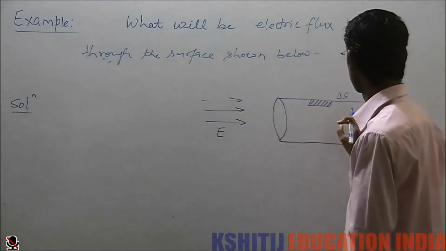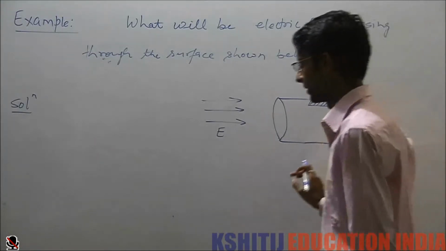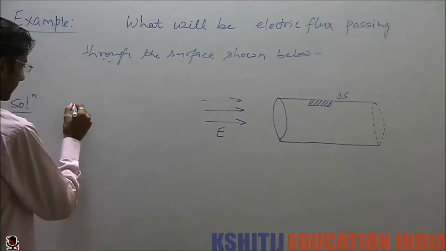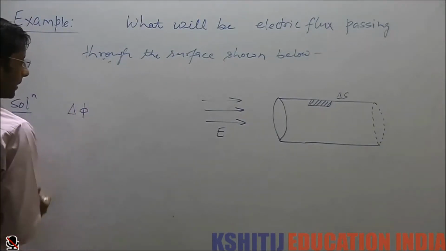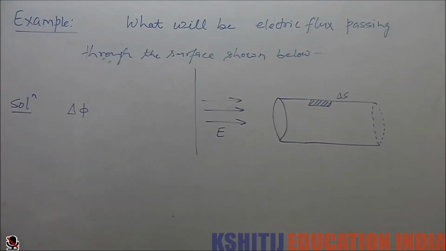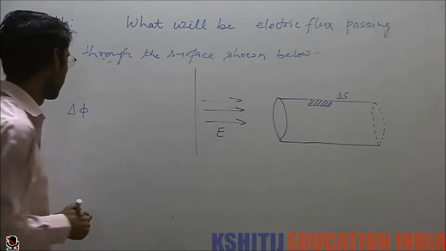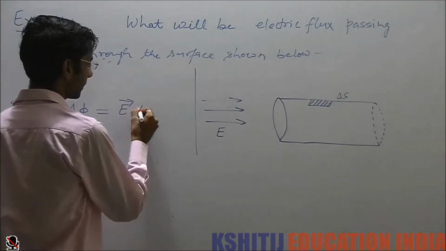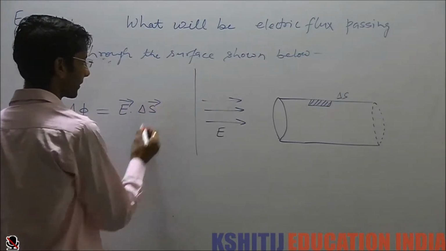So let's choose this as our delta S and assume out of this differential surface, differential phi is the electric flux which is passing through, and it is E vector dot surface area vector.